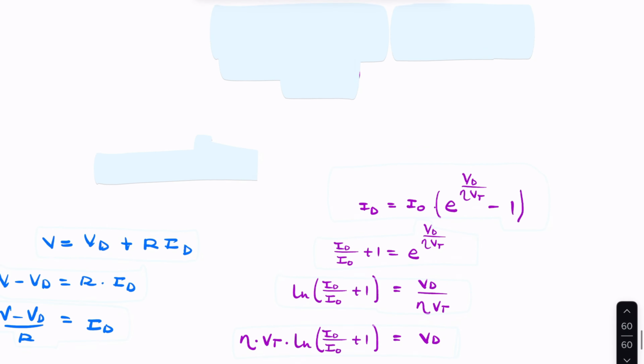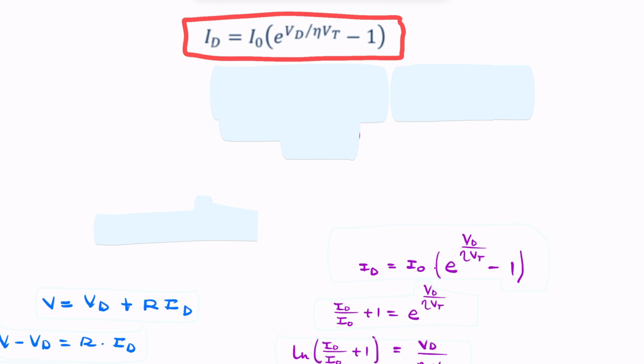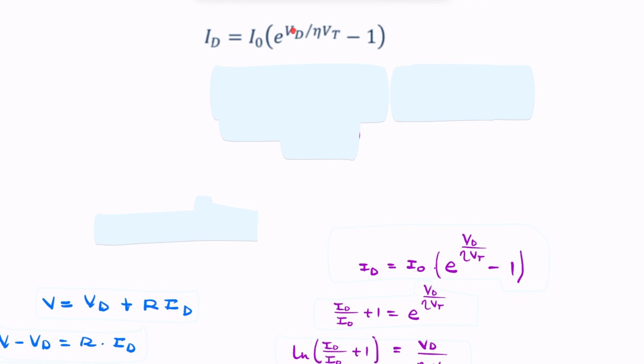The final thing I want to do is find the value for the saturation current I0. I'm going to rearrange the same equation again, but this time not to find VD, but to find I0.